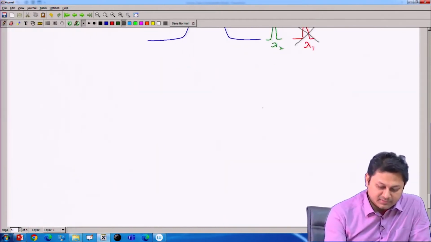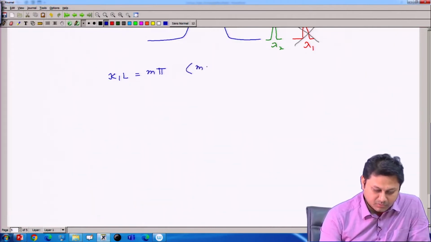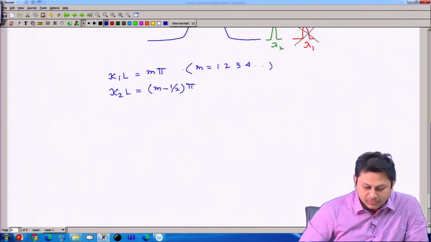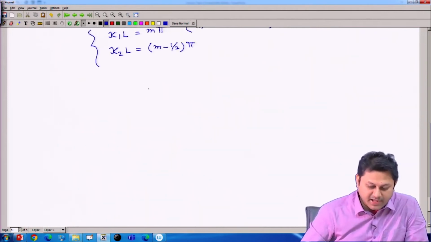So, this condition, if I look carefully, is satisfied when kappa 1 L is equal to m pi, say m equal to 1, 2, 3, 4, and so on, and simultaneously kappa 2 for the same length has to be (m minus half) pi. So, from these two expressions one can extract the value of L.